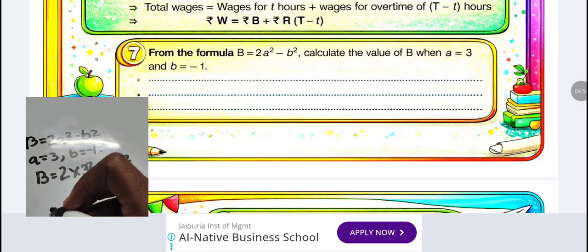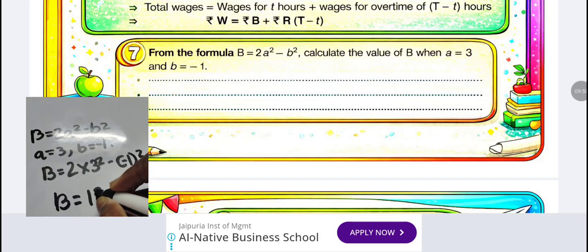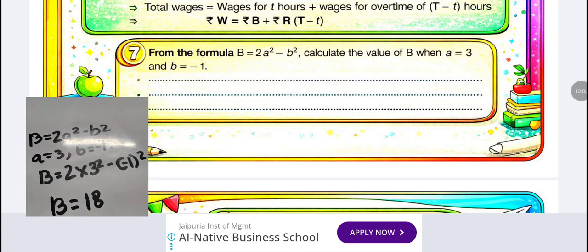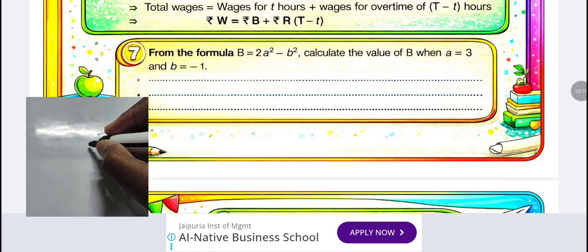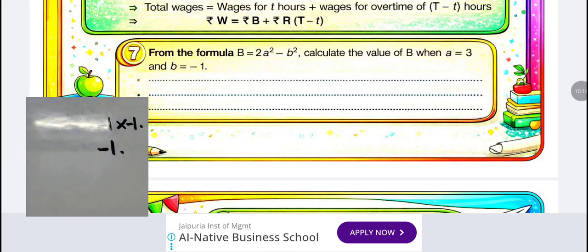So b equals 18 minus (-1) squared. That means we will do minus 1 into minus 1. Minus minus, which is bigger, minus 1. Answer will be minus 1.